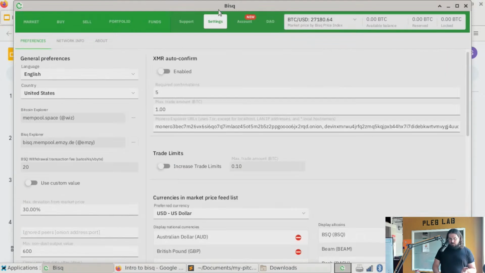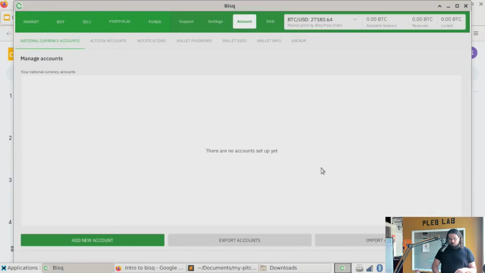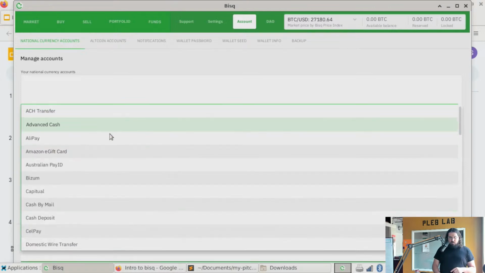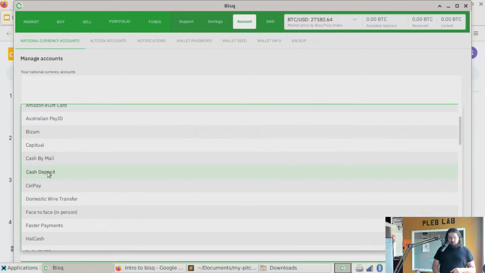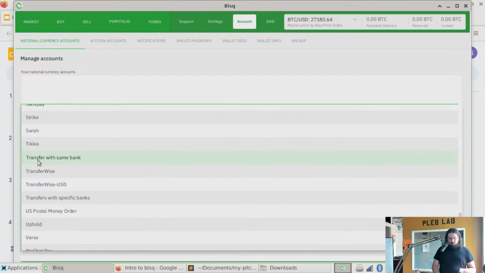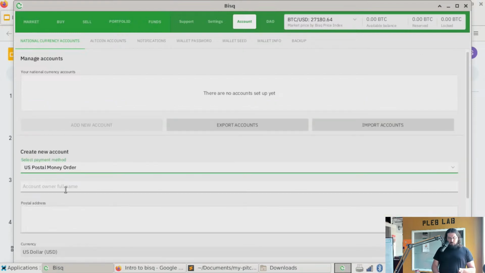The way you do that used to be in settings, but I guess it's moved now. Maybe it's under here. Yeah, now it's under here. So you have to add new account, and it asks you what payment method you want to use. The one I always used was money orders. Now they support cash by mail as well. But I'm going to go down to money orders, which is under U.S. Postal Service money order.